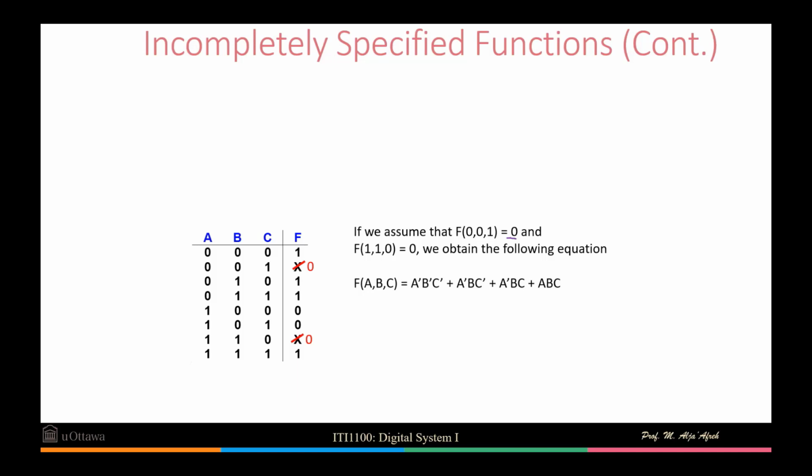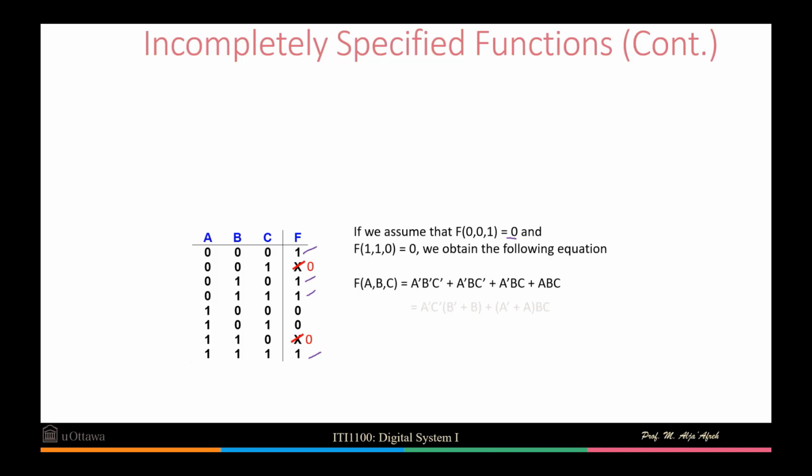If I have them equal to 0, in order to write the function F as a sum of products, I have just these four: A prime, B prime, C prime, and this one will be A prime, B, C prime, and this one that indicates 3, so A prime, B, C, and A, B, C.